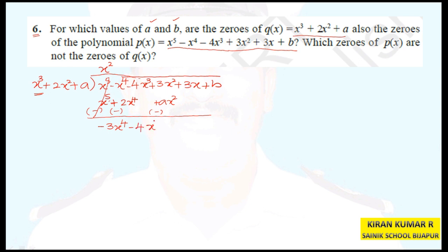So minus 4x cube. Now very carefully you observe, to add this 3x square to minus ax square, I will better take x square as common, and the remaining term I will write as 3 minus a times x square. Now the 3x and b is taken as it is.